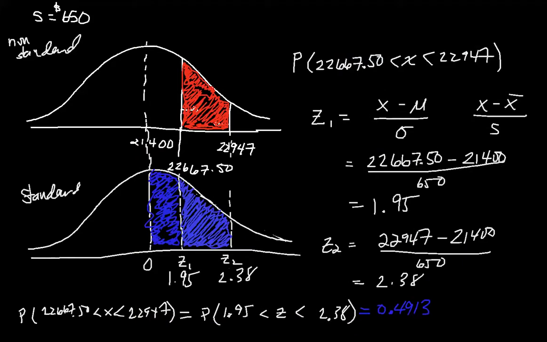So I know that the dark blue area is 0.4744. Sorry, I made a mistake, let me fix that. 4744. And that's just the darker blue area, just this area here.